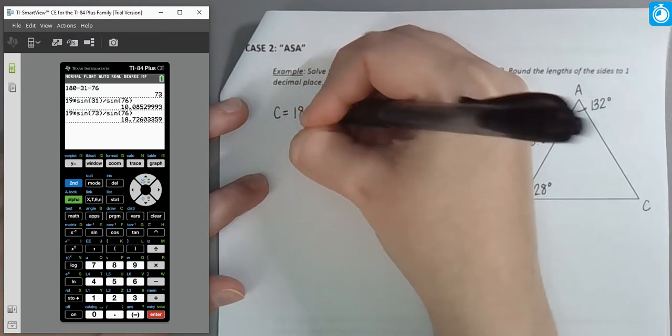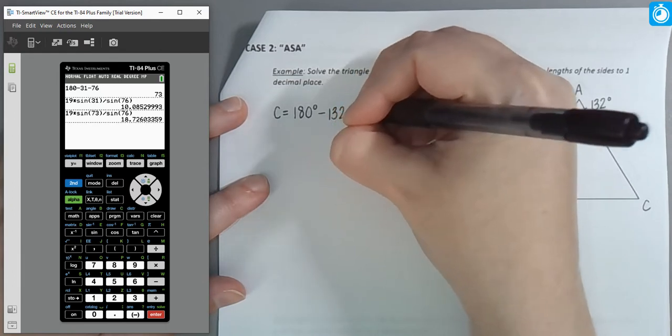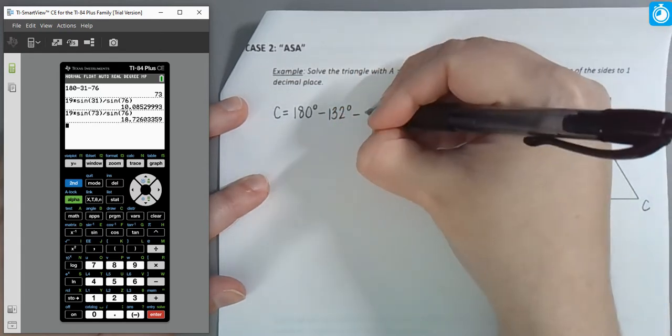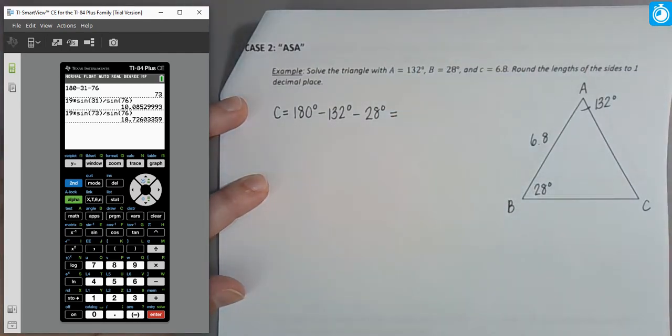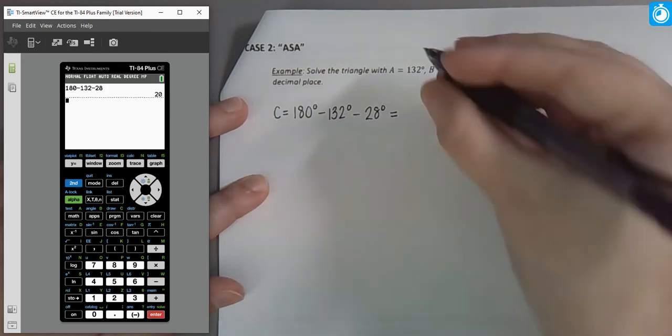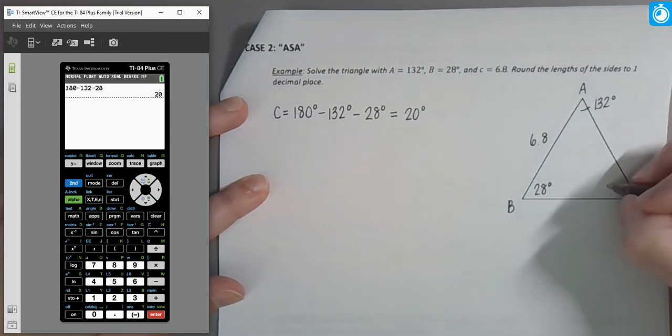So angle C is going to be 180 degrees minus the angle measures already represented. So 132 degrees and 28 degrees. So 180 minus 132 minus 28, and that's going to give us 20 degrees. So angle C has a measure of 20 degrees.